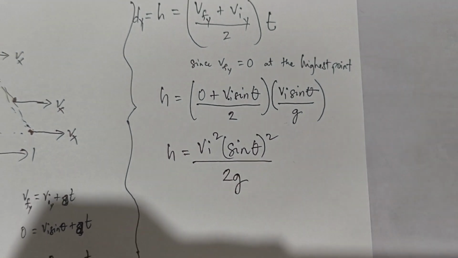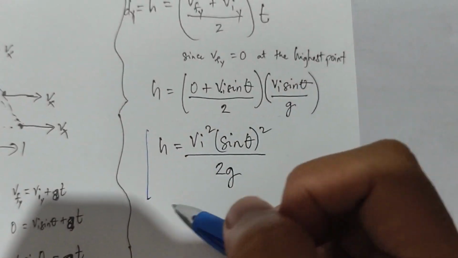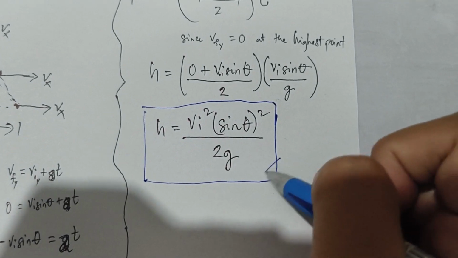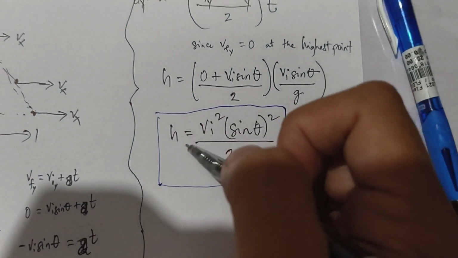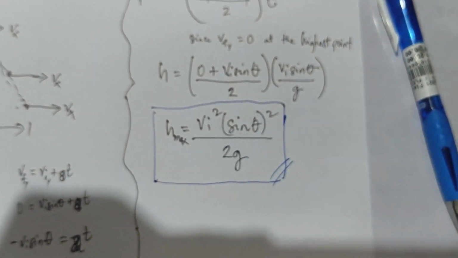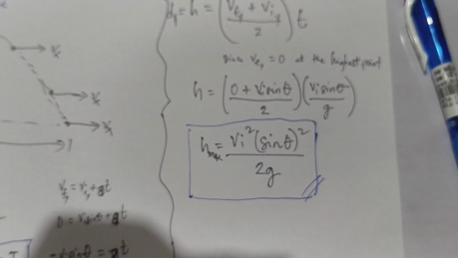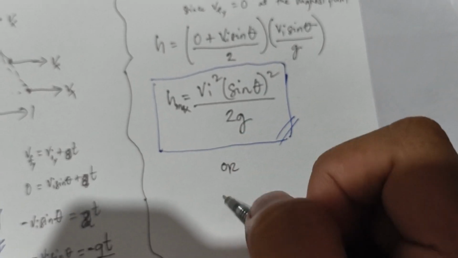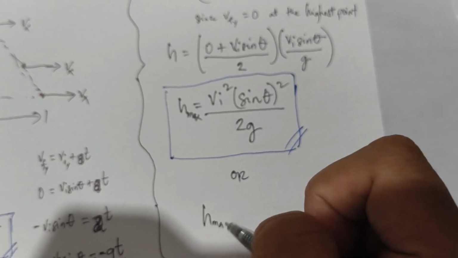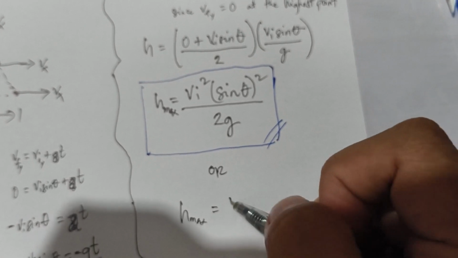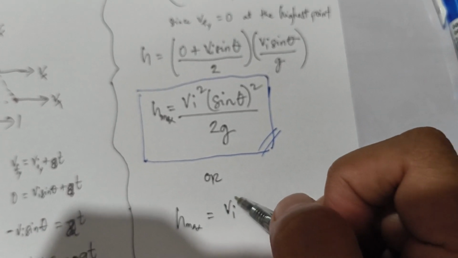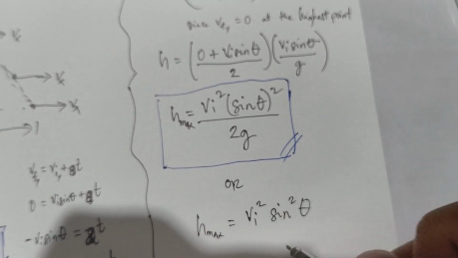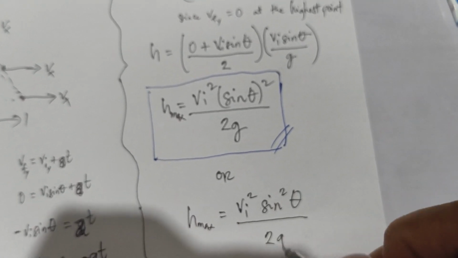So this is another formula for the height, or this will be the formula for determining the maximum height attained by the object. Okay? So or in some cases this is H max is equal to Vi squared sine squared theta all over 2g.